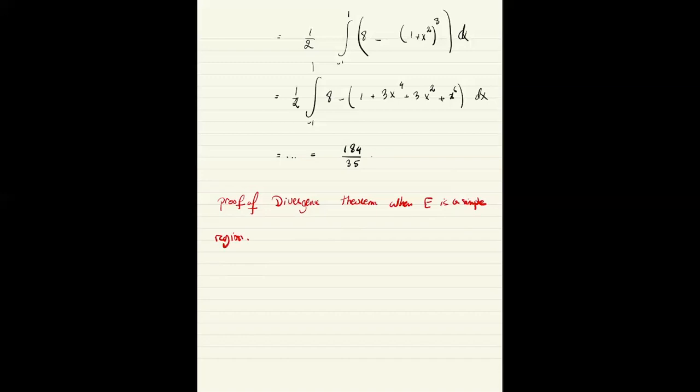This theorem is going to be a little bit easier. Let F equal Pi plus Qj plus Rk be a vector field, as in the theorem.